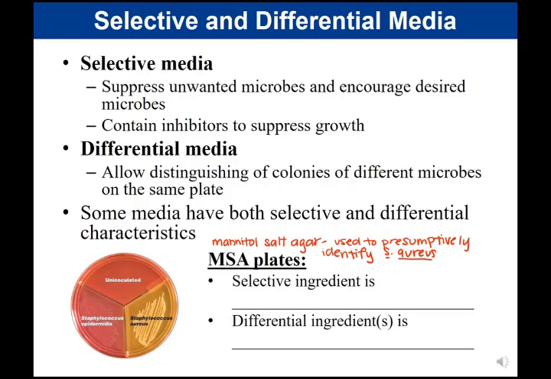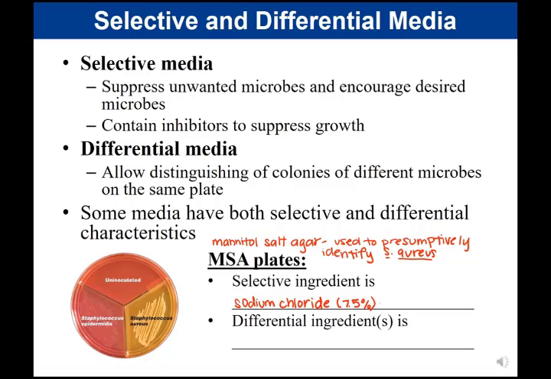When we look at the ingredients that are in the mannitol salt agar, the selective ingredient, the ingredient that's going to select for the growth of some organisms but inhibit others, is going to be salt. So sodium chloride. And it has a salt concentration of about 7.5%.